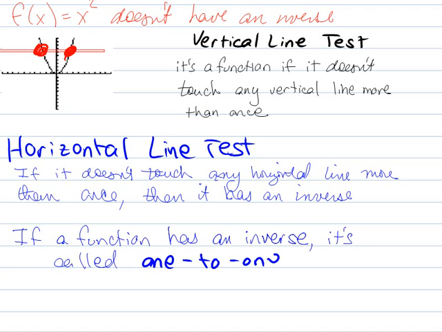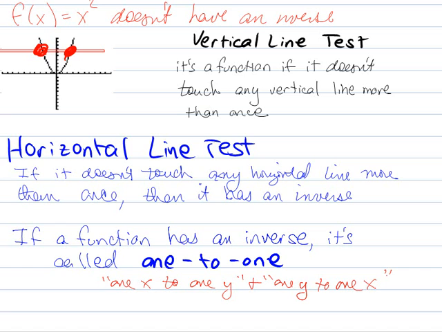And the reason we call it one-to-one is what we really mean is 1x to 1y and 1y to 1x. So the theory is that if you give me an x, I'll give you exactly 1y. If you give me 1y, I can give you exactly 1x. The graphs pass the vertical line test and they pass the horizontal line test, and that's how you find functions that are inverses of each other.